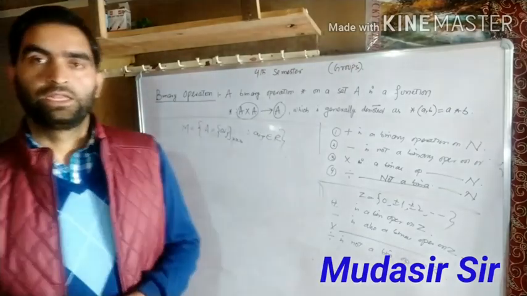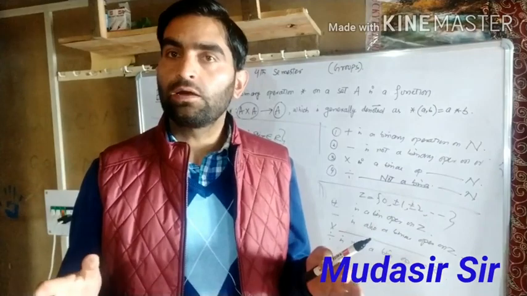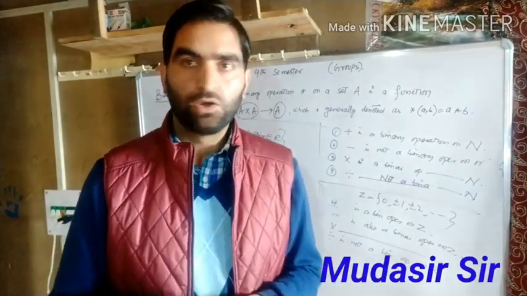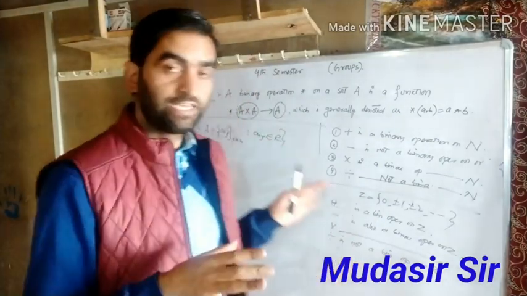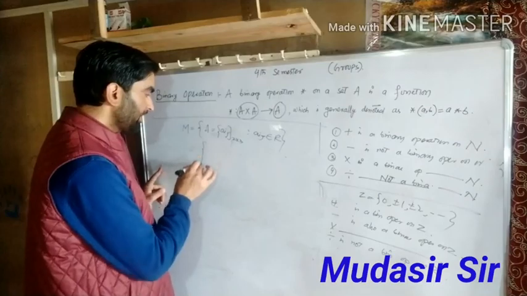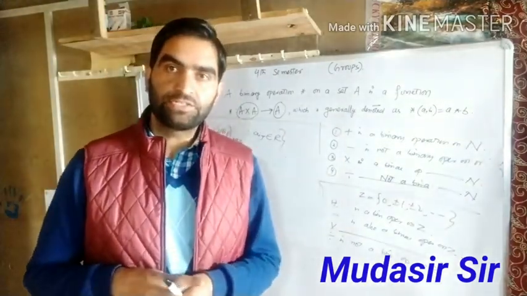This set M contains all matrices of order 2/3, that is, 2 rows and 3 columns, and the elements of the matrices are real numbers.